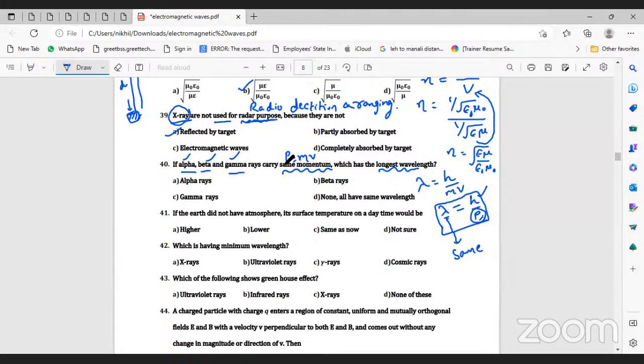Therefore, alpha, beta, and gamma have the same wavelength. None of the options, all have the same wavelength. Why? Because the momentums are the same.